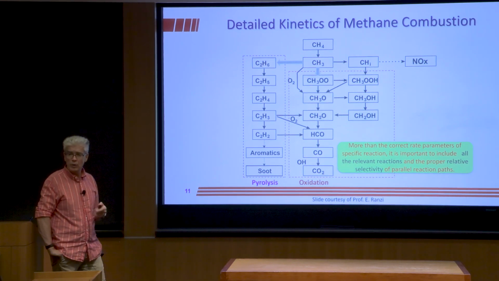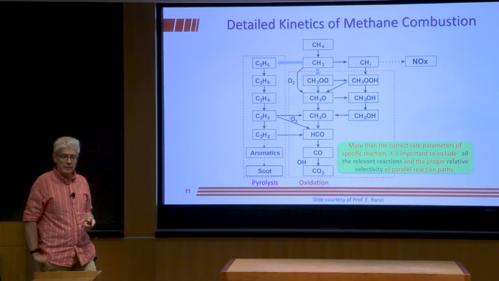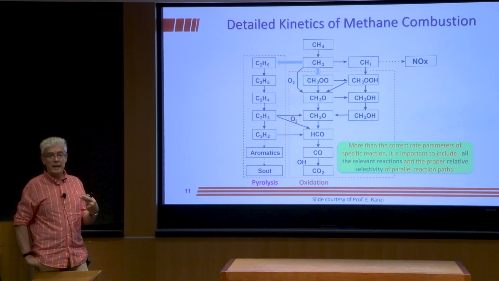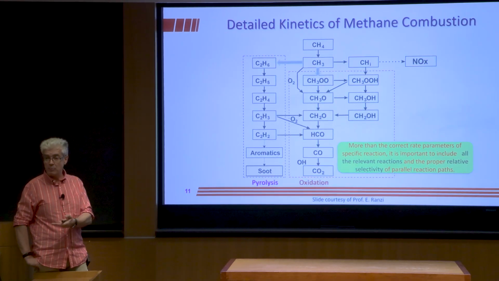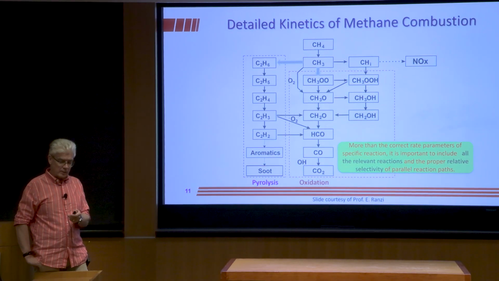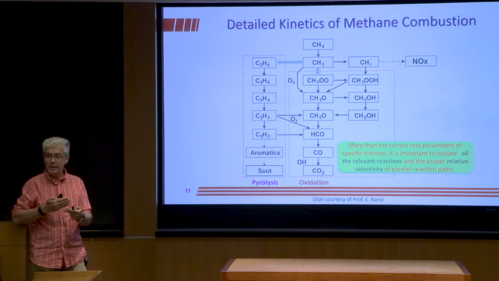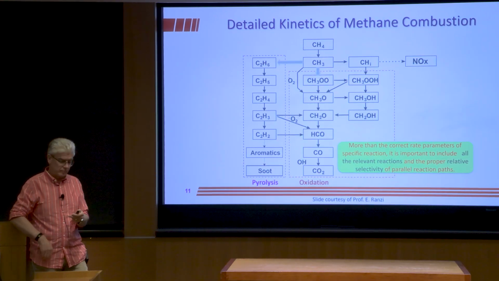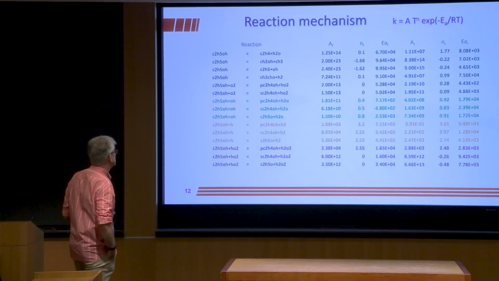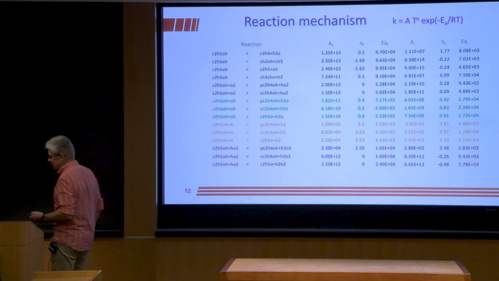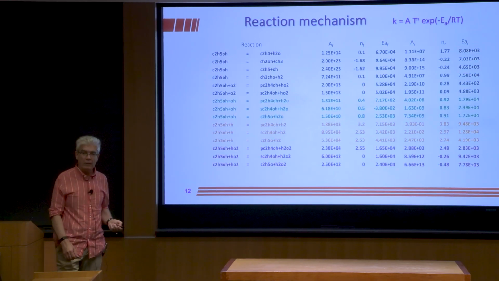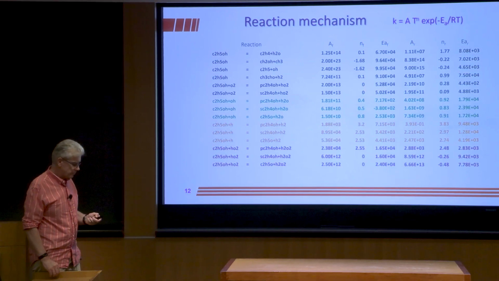And the ratio of those reactions decides predicted reactivities, predicted species profiles, and so on in chemical kinetic mechanisms. So it's very important that that competition is properly predicted by a model, or you won't get the reactivities right. Okay, so this is just to give you an idea of a reaction mechanism.